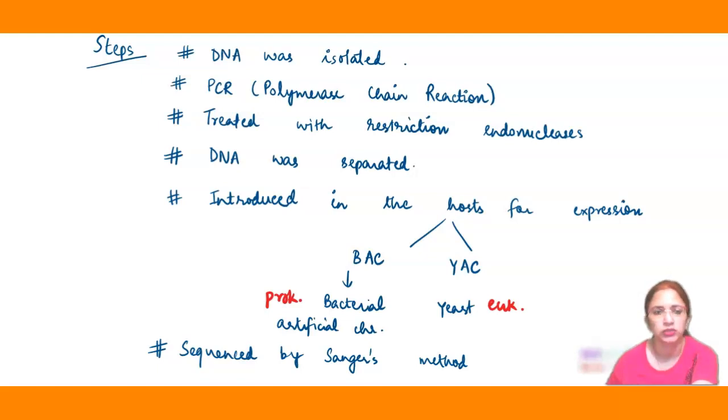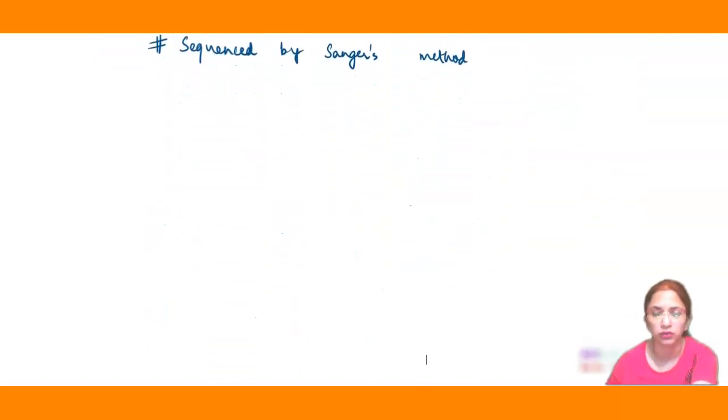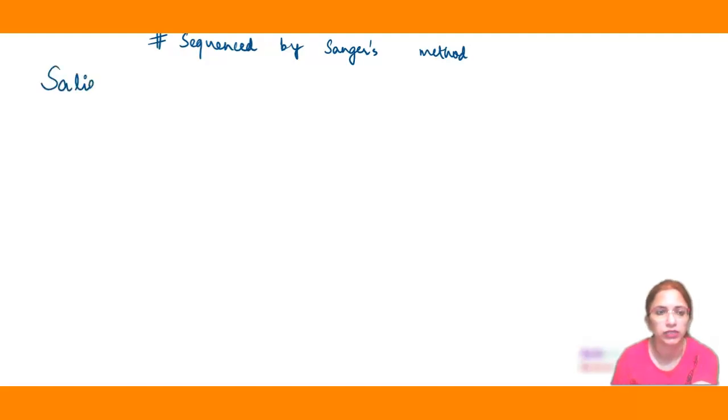Okay, so this is the whole procedure that was adopted, and by this sequencing was done. You need to learn each step, and the next point which we are coming on to is the salient features of the Human Genome Project.